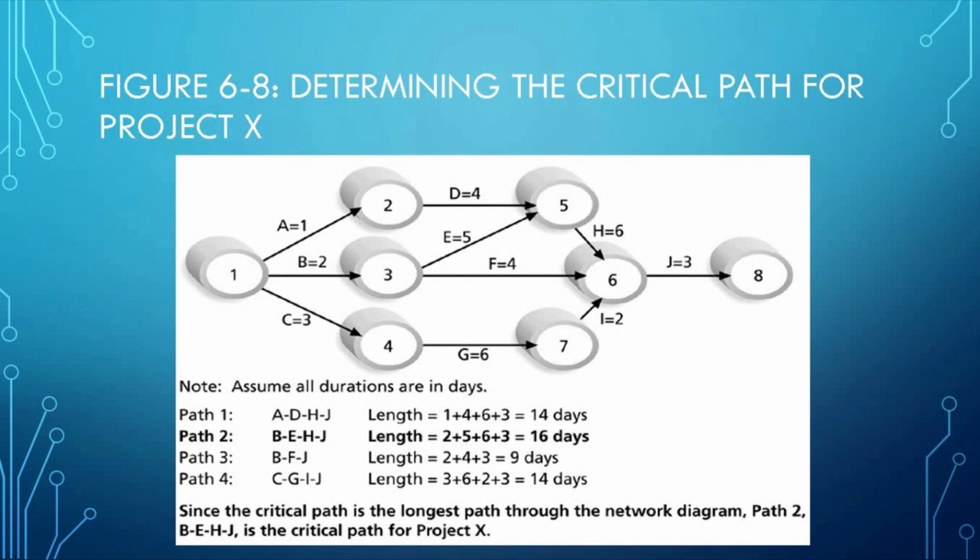The longest path through the network diagram will be the critical path for Project X, and that is Path 2, which is activities B, E, H to J.